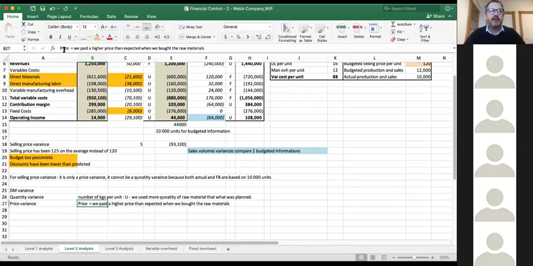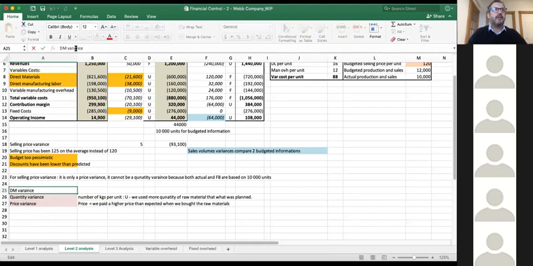So globally, what is important so far is to realize that we have two types of variances. For the direct material variance, we have a quantity variance and a price variance. Both can be favorable or unfavorable. So now it would be interesting to be able to calculate the 21,600 unfavorable.